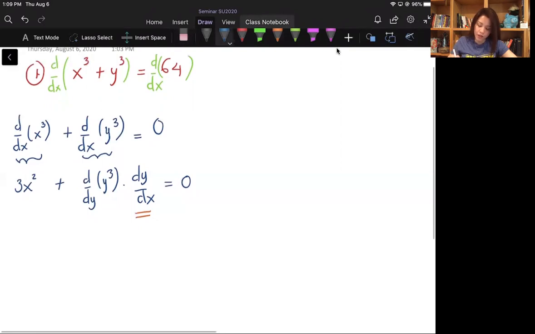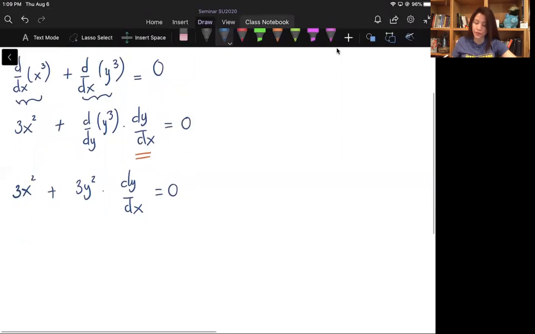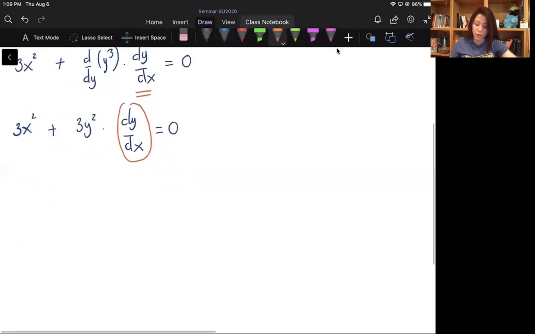All right. So now 3x squared is 3x squared. The derivative with respect to y of y cubed is 3y squared times dy/dx, equals 0. I want to isolate dy/dx, this term here. So I'm going to subtract 3x squared from both sides.